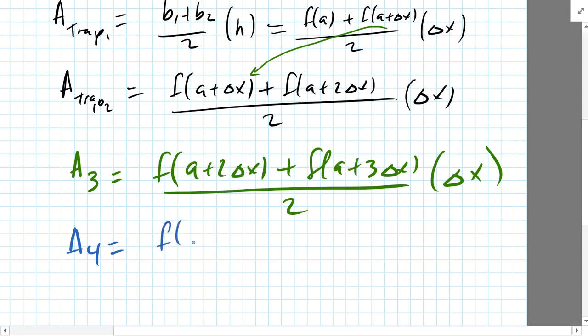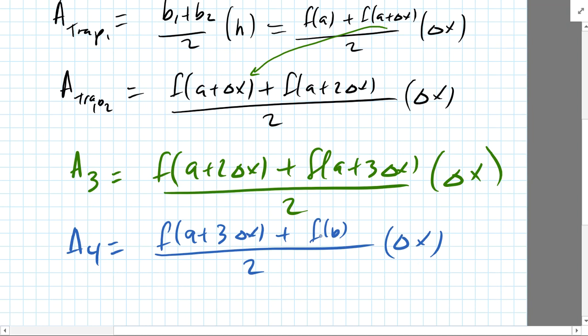Say it clearly. F of a plus 3 delta x's plus f of what? What's the last one? F of b, all over 2 times delta x. You could say f of a plus 4 delta x's, but why would you when you know what b is? Capiche? Notice that each time I use the interior ones twice.